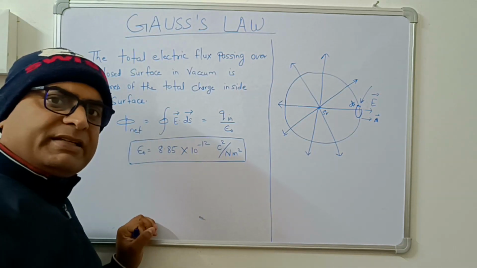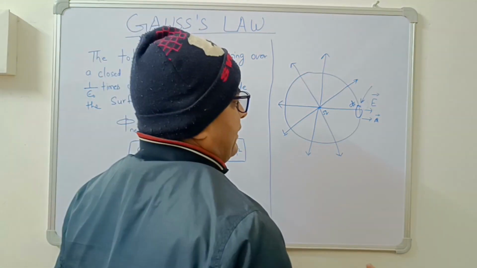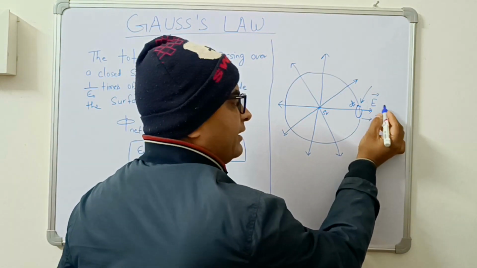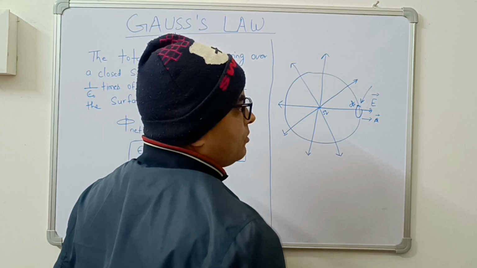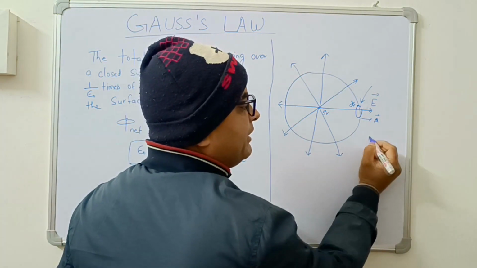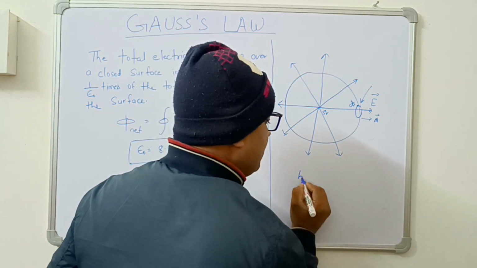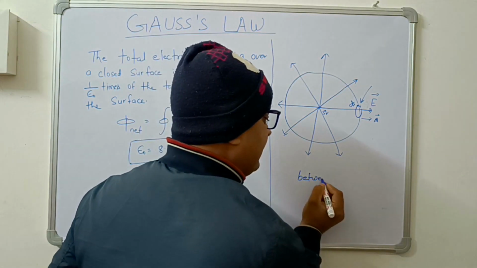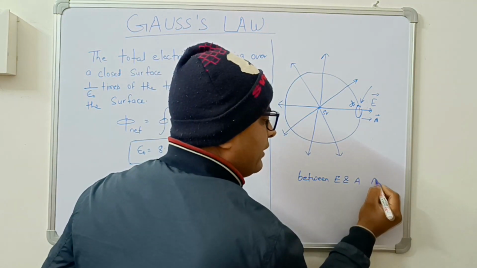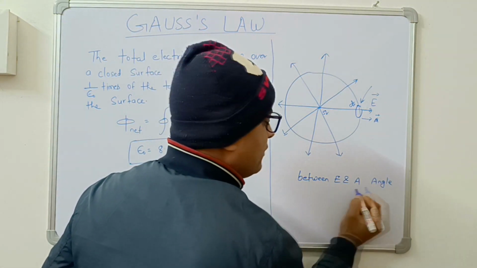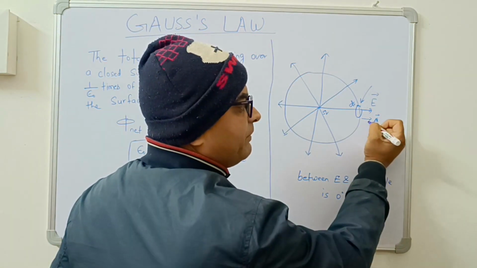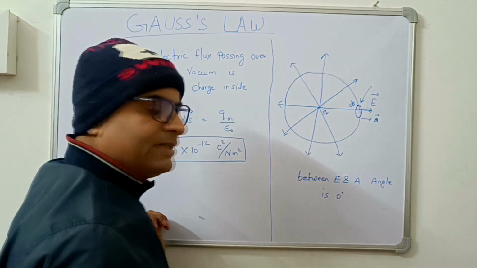This is the basic criterion, and the electric field is also radially outward. So the angle between E and A is 0 degree because they are parallel.